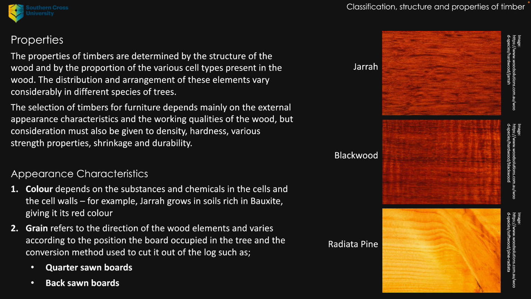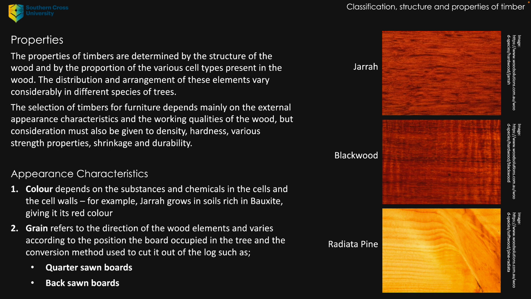So the appearance characteristics. Firstly, and this is probably one of the main ones when we select timber for timber projects, is the colour. What does it look like from the perspective of colour? It depends on the substances and chemicals in the cells and the cell walls. For example, jarrah, which is quite rich and red, grows in soils rich in bauxite.